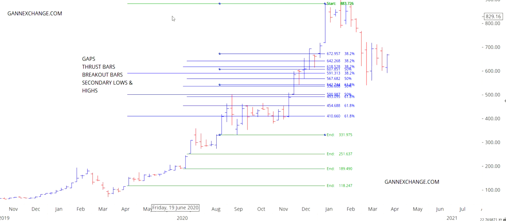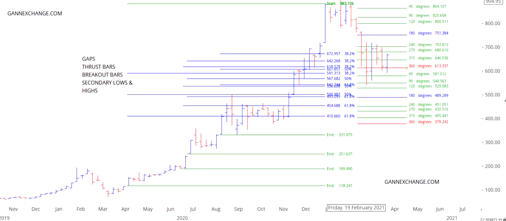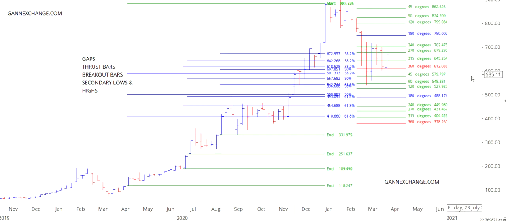So now we're going to overlay a different method, which is the Gann price tool. Tesla is a square stock, so it uses the Square of 9 Gann tool, and we're going to place it at the high, and we're going to look for support areas there.